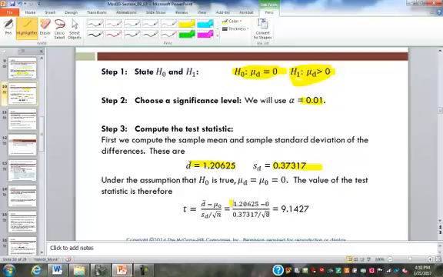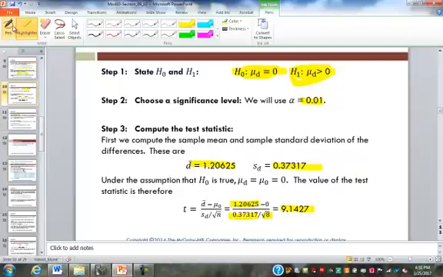So our test statistic is found by taking that sample mean minus 0, and then that sample standard deviation divided by the square root of our sample size, square root of 8. We get a test statistic of 9.1427. Now, if you're thinking critical values, that's a pretty large test statistic. So I'm thinking we're going to reject here. We should get a pretty small p-value.